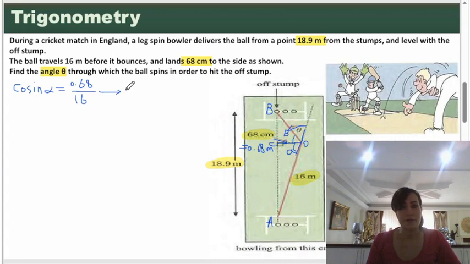So alpha equals inverse cosine of 0.68 over 16, which gives me alpha equals 87.56 degrees.